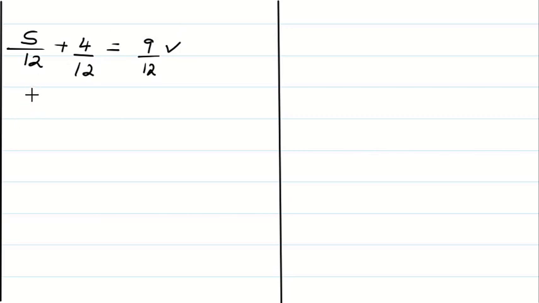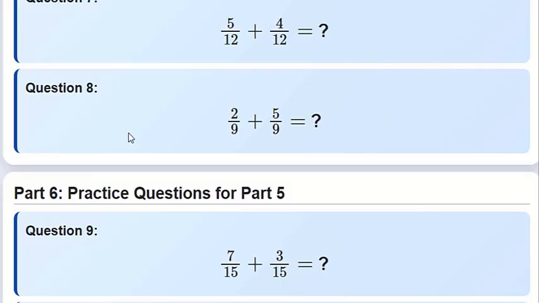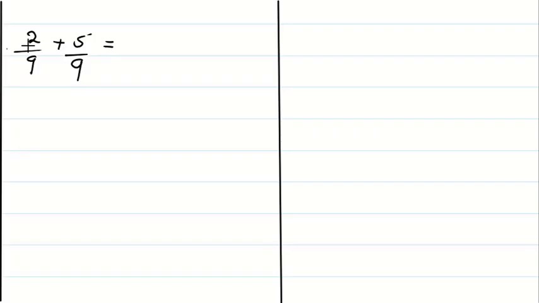So this is right. But if you do like this, 5 out of 12 plus 4 over 12, then you say it is 5 plus 4, which is 9, then out of 12 plus 12, which is 24. This is wrong. This is right. So let us try the last example. In this question 8, you are told to add 2 out of 9 plus 5 out of 9.